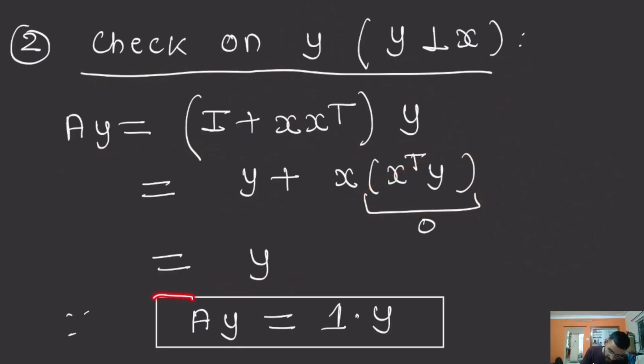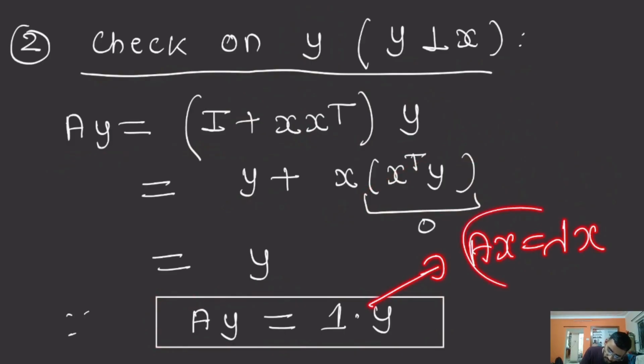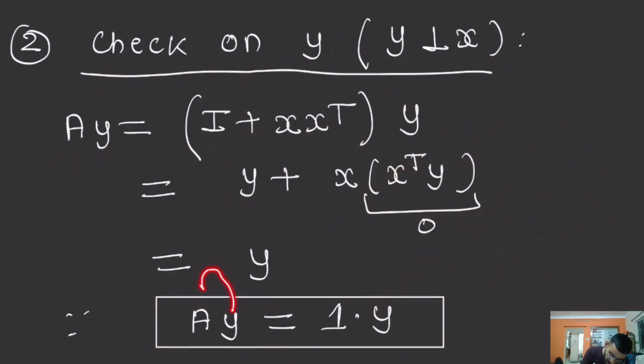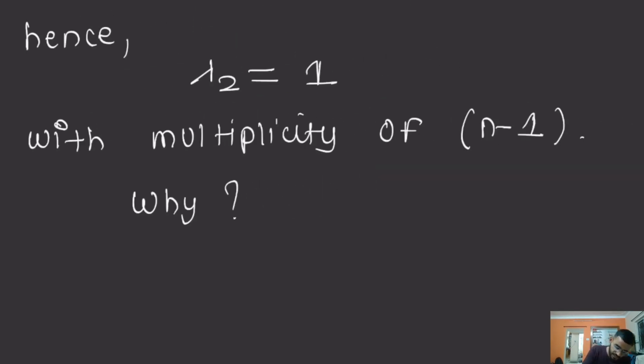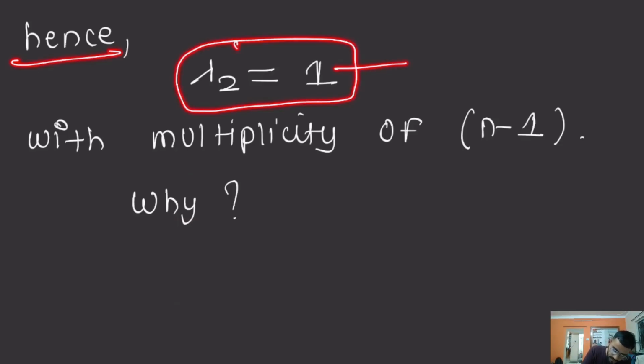We can write that Ay is equal to 1 into y. If we compare this with the eigenvalue equation Ax is equal to lambda x, we get that y is an eigenvector of A corresponding to eigenvalue lambda equal to 1. Hence we get the second eigenvalue as 1, and the eigenvector corresponding to this is y.